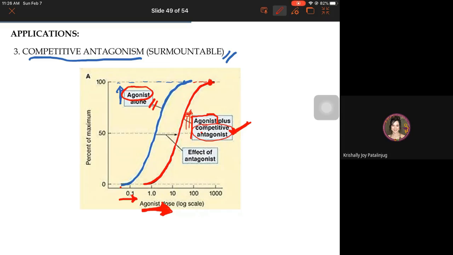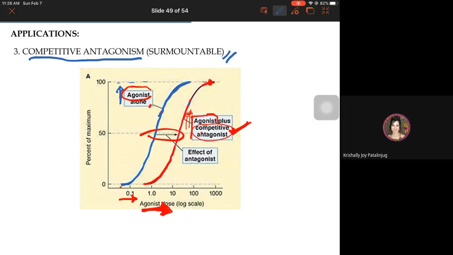That is why the effect of the antagonist is not a straight line, it is not observable in this graph. Okay? It did not lower the original maximum effect of the first. So the same effect, it only shifted to the right, knowing now we have to increase the dose of the agonist to surmount the activity of the competitive antagonist.